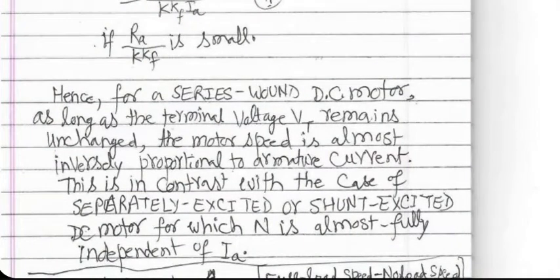As long as Vt is not changed, the motor speed is almost inversely proportional to armature current. The series motor has to be looked at very differently compared to others. But it has its advantages, like initial torque is very high compared to others. So it has its own applications.